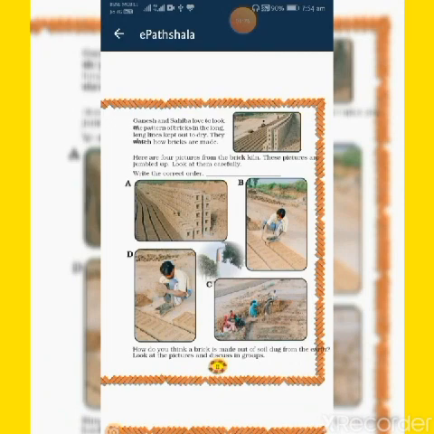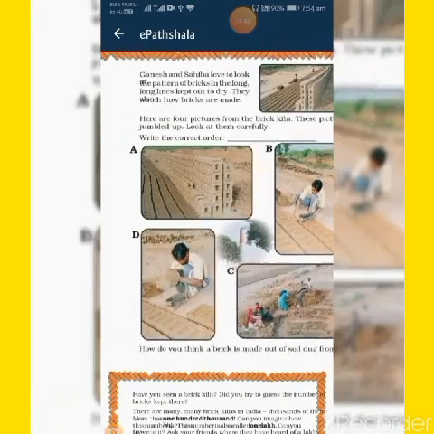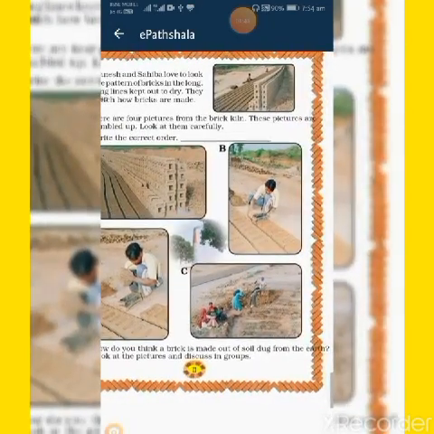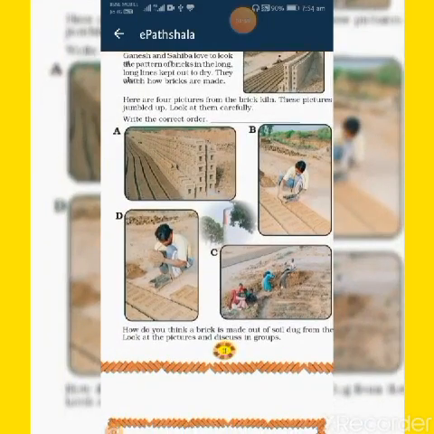For manufacturing the brick, first we need mud, isn't it? So the first stage is they dig the mud from the land. That is C, the first one. You just observe. And next they will put it in one die.